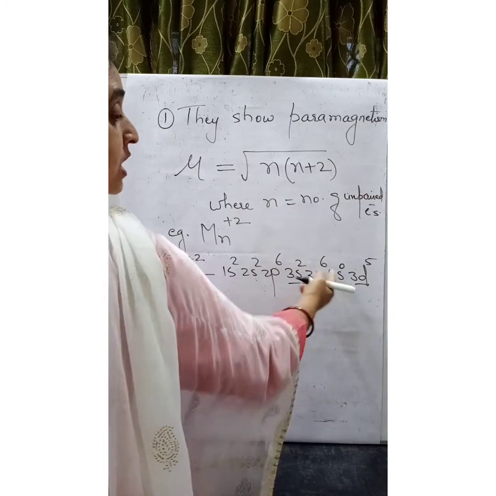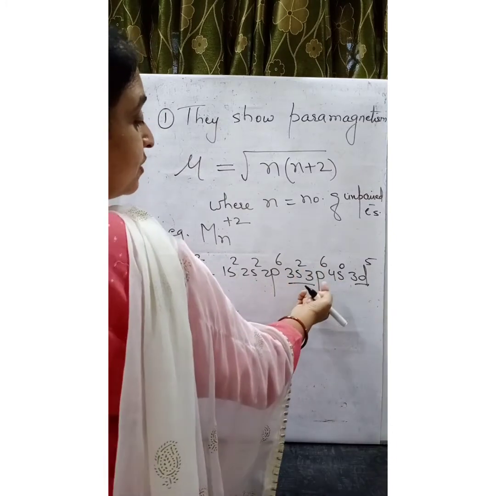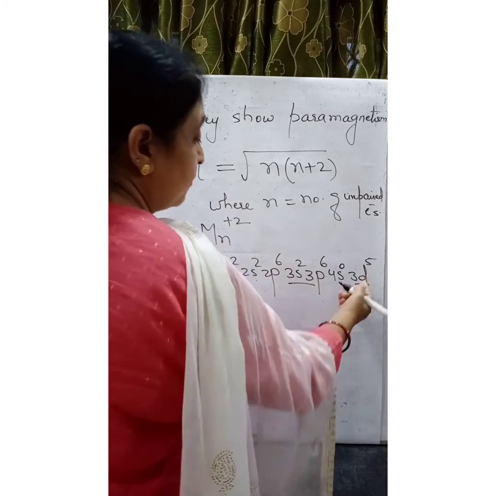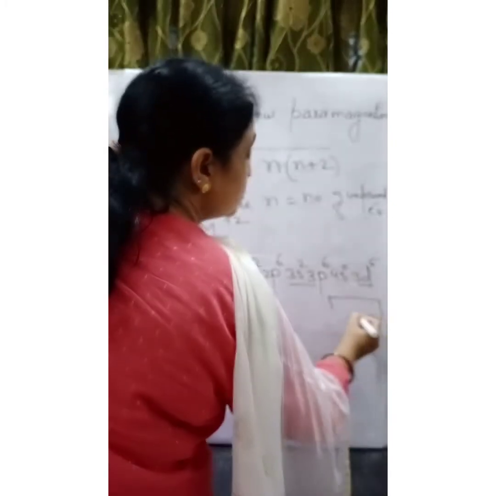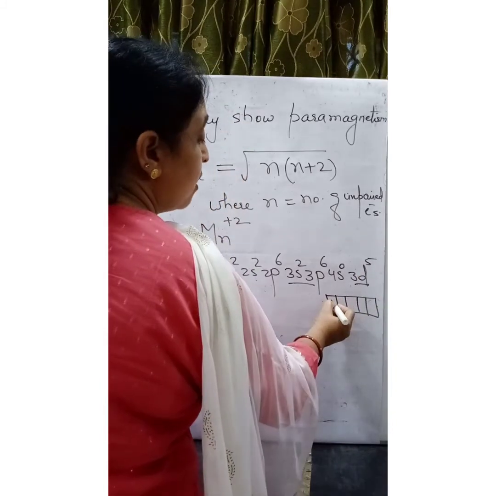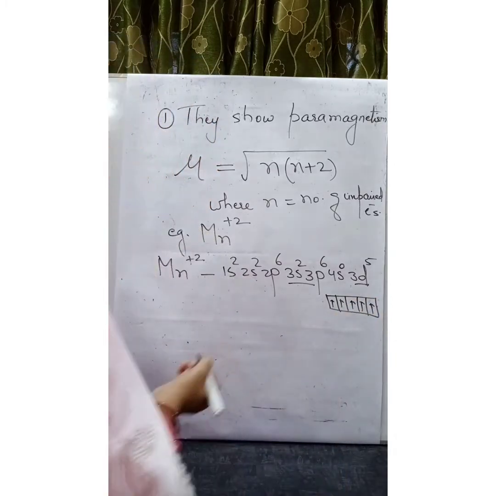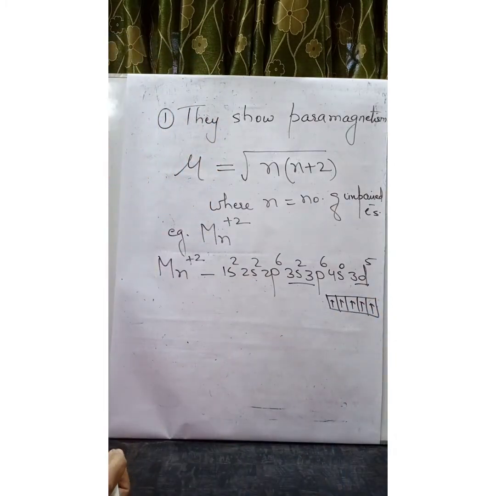After the electrons are lost from the 4s orbital, the s orbital is completely filled, the p orbital is completely filled. The d orbital, as you know, has 5 suborbitals and there are 5 electrons which are singly occupied according to Hund's rule of multiplicity.